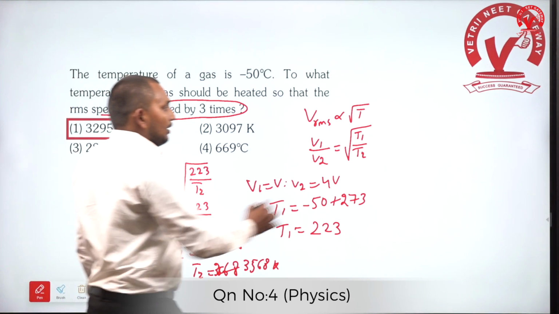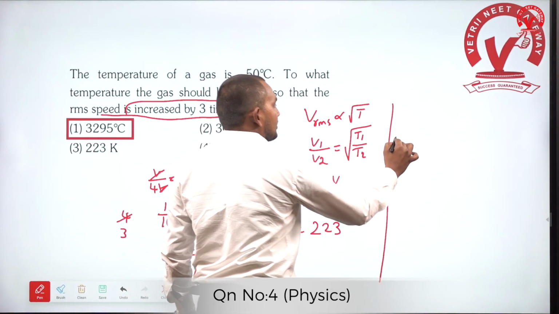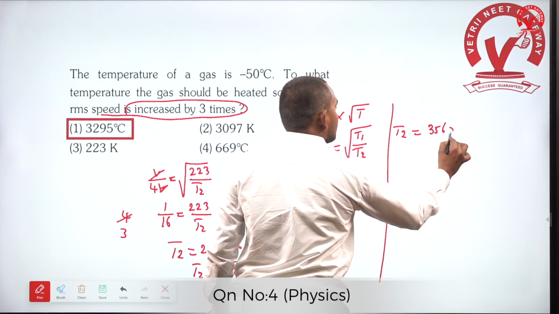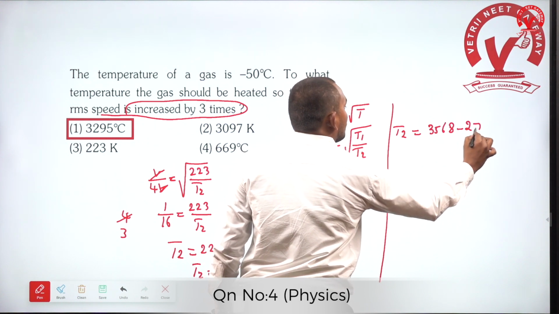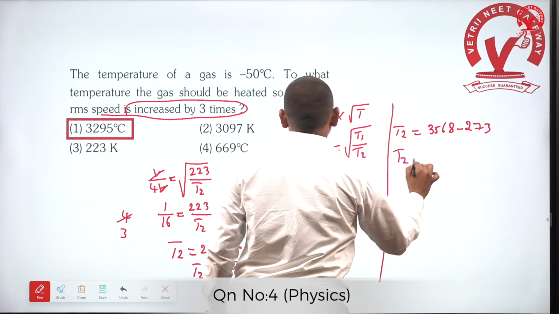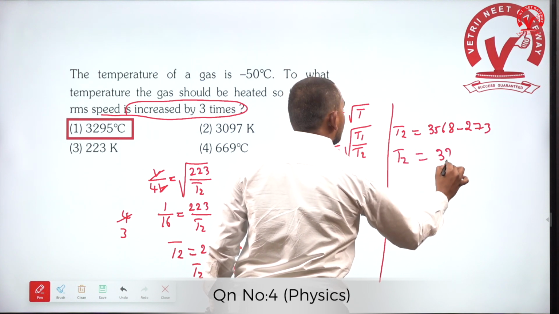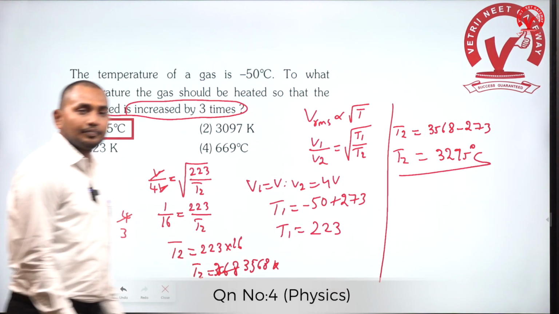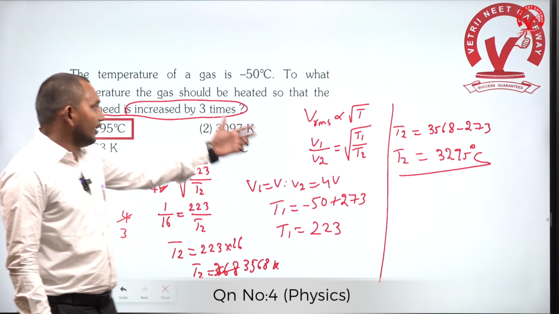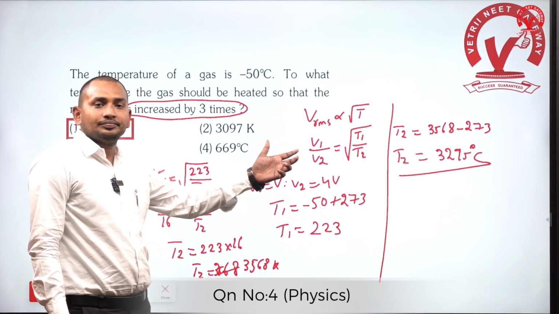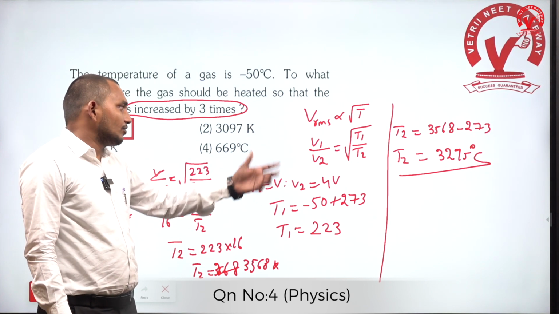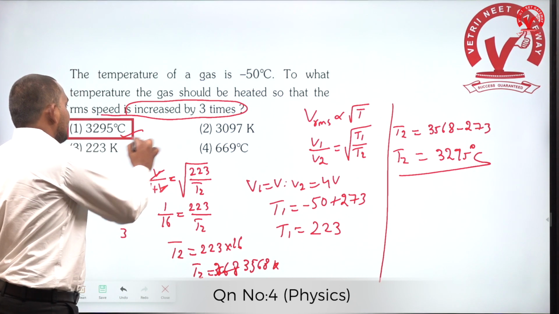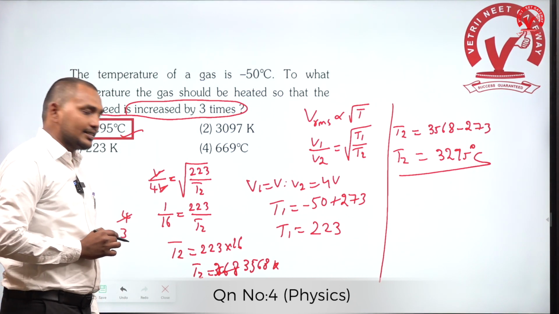Then we change to Celsius. 3568 minus 273, we will get 3295 degrees Celsius. So here they gave the RMS value and they are asking to find out the temperature, how much it should be heated. So it is 3295 degrees Celsius.